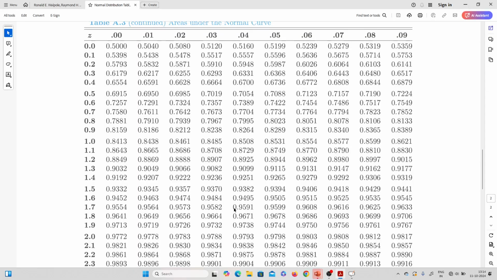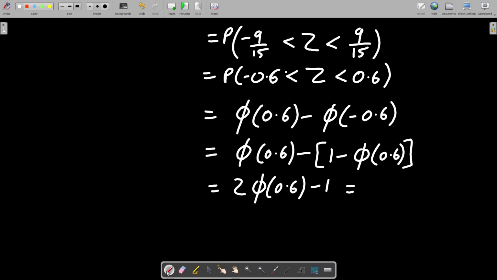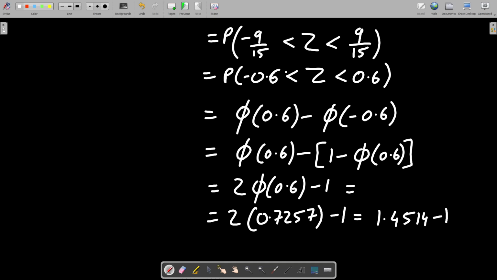So phi of 0.6 on the table is 0.7257. So 2 times 0.7257 minus 1 is going to become 1.4514 minus 1.